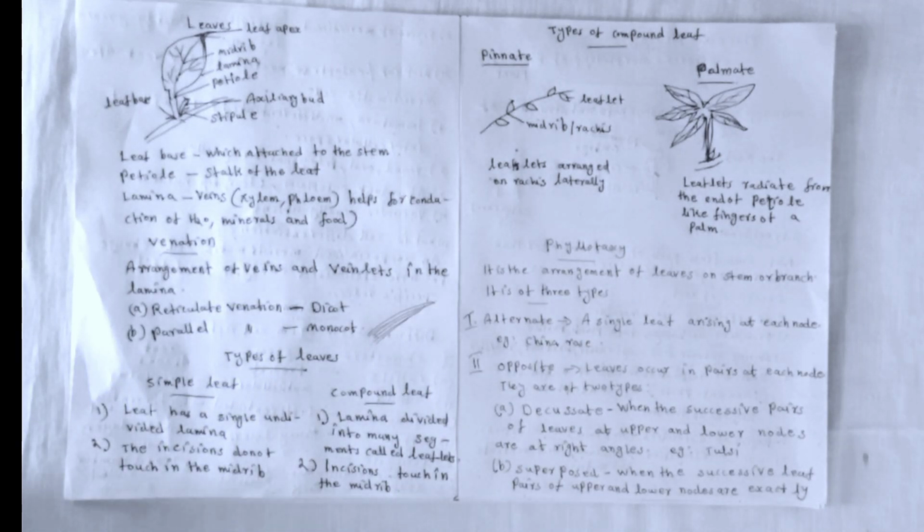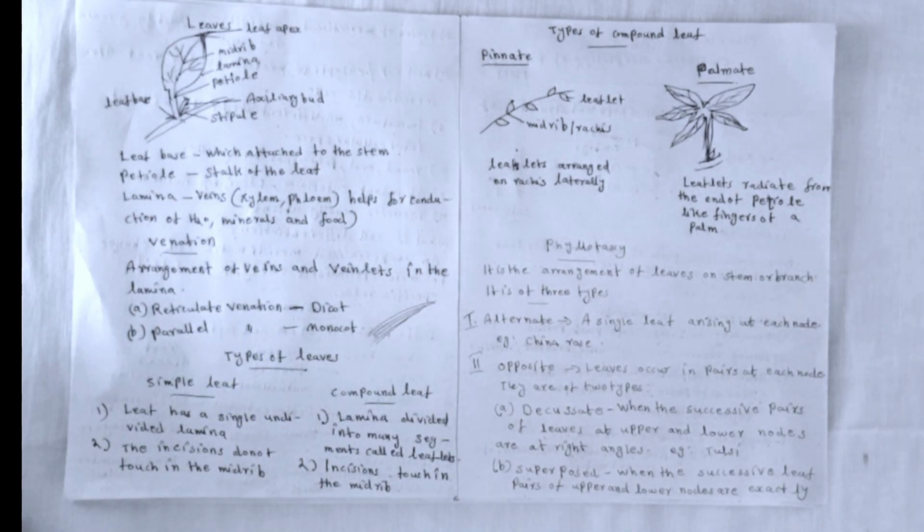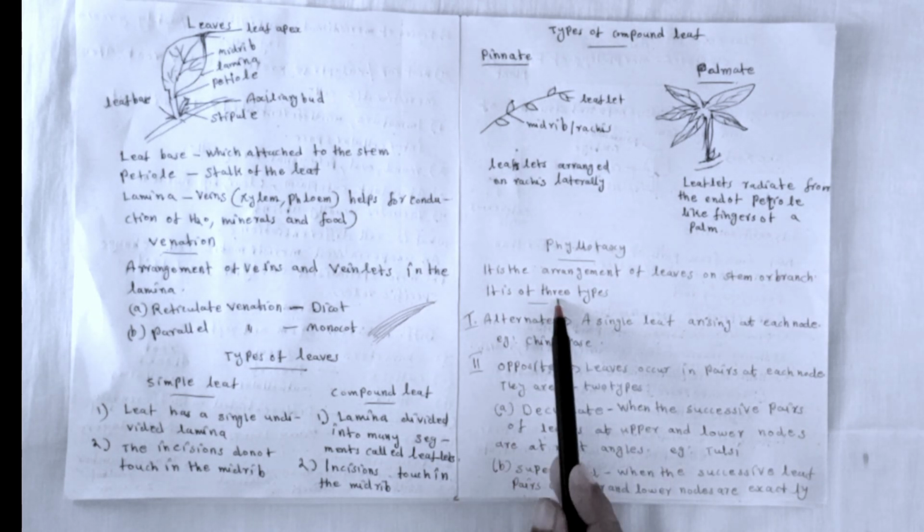Next topic, phyllotaxy. What is phyllotaxy? The arrangement of leaves on stem or branch is known as phyllotaxy.